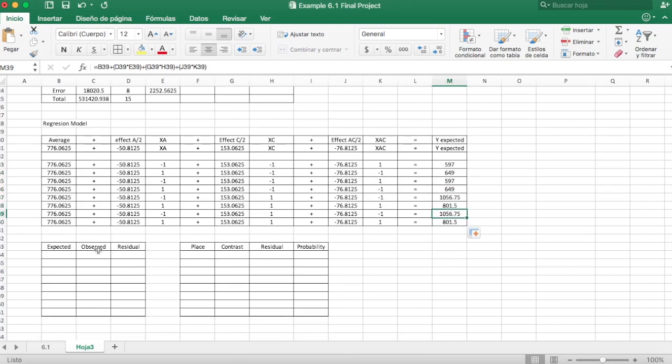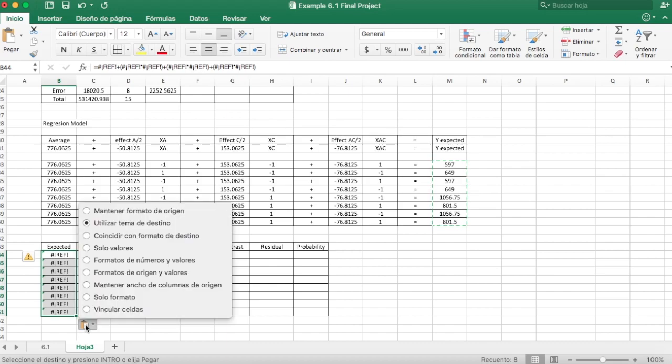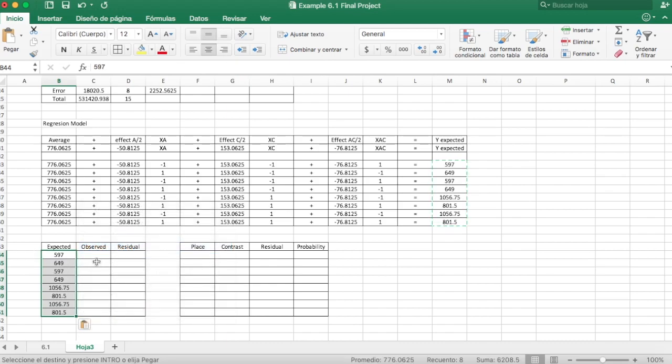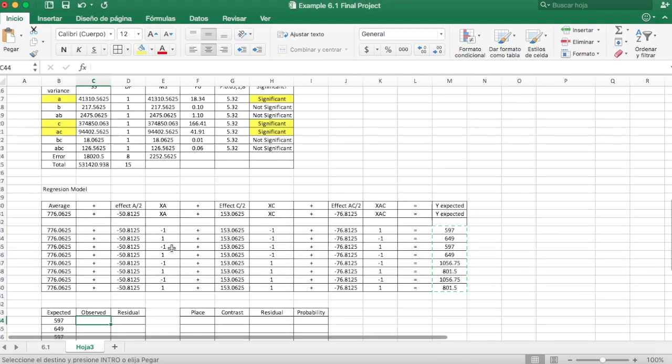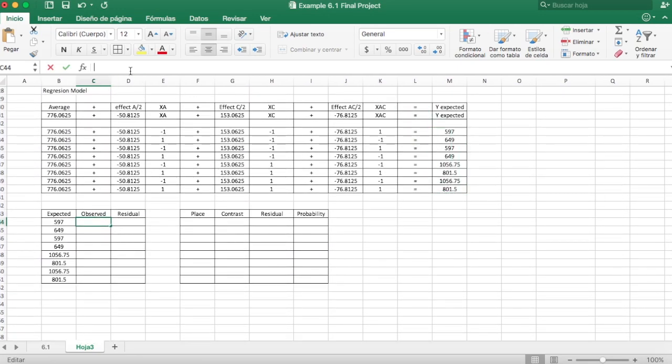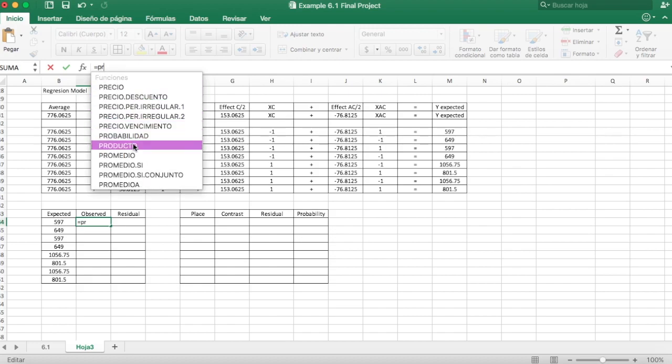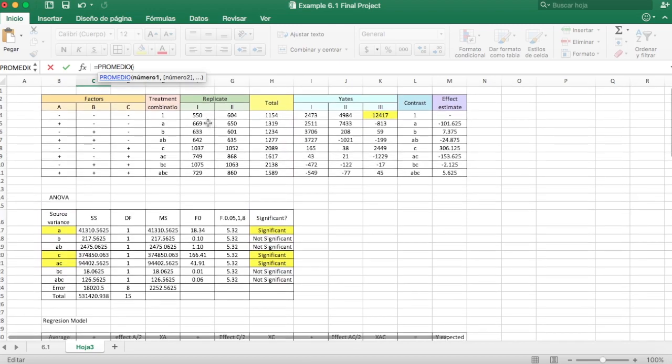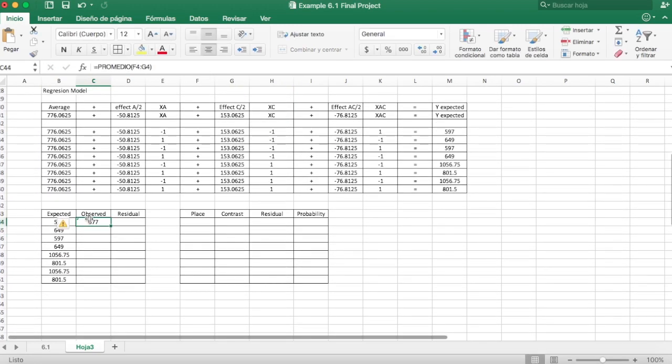Then we need to do a residual table. So here are the expected values. We're going to copy these values, just values. And then the observed ones. We have 2 replicates, so for the observed values we're going to use the average of these 2.